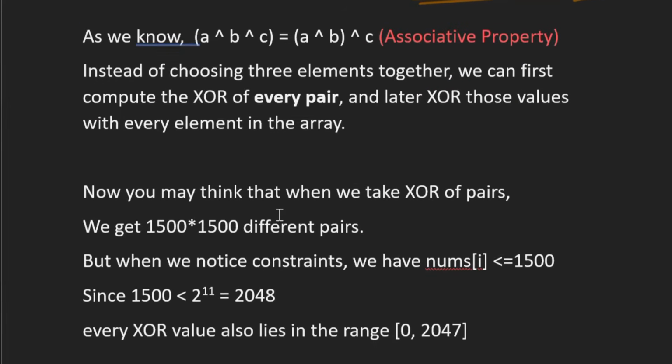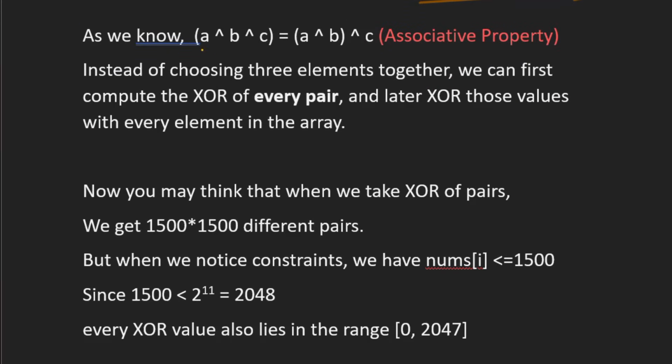So what we can do is, as we know, A XOR B XOR C can be written this way also: A XOR B, and then whatever value we get, we XOR with the third value. This is basically the associative property of XOR.